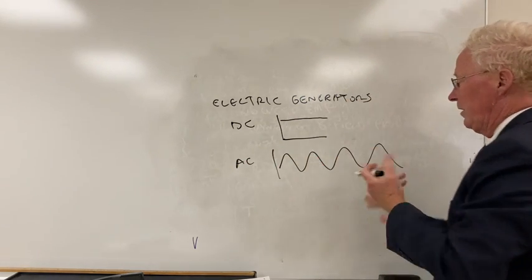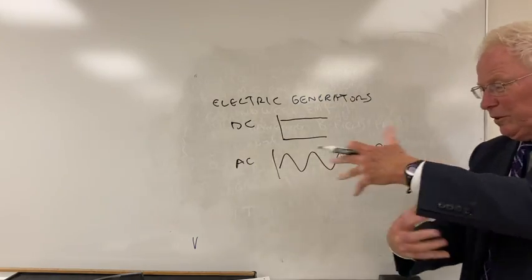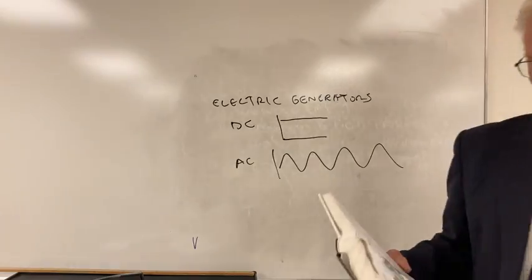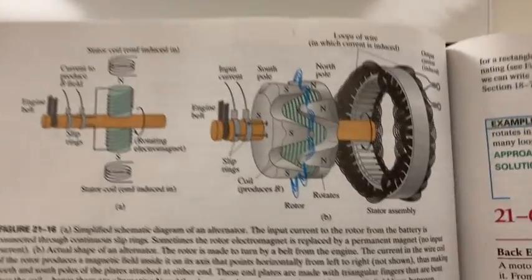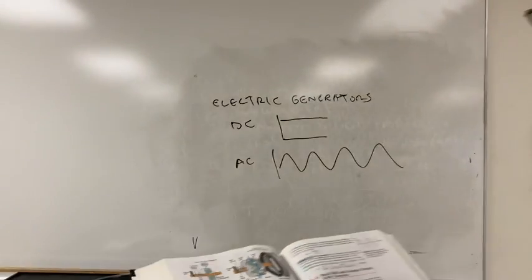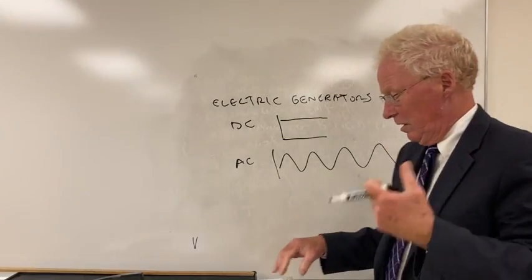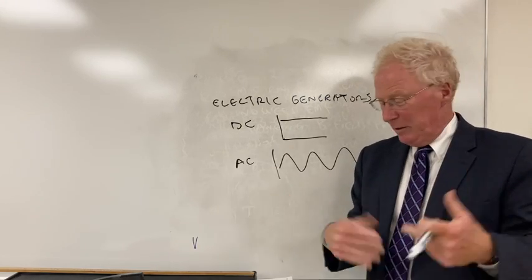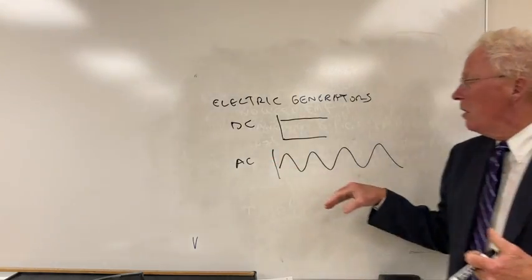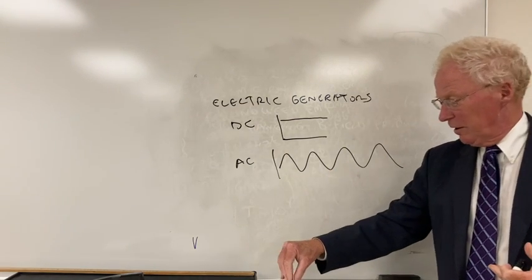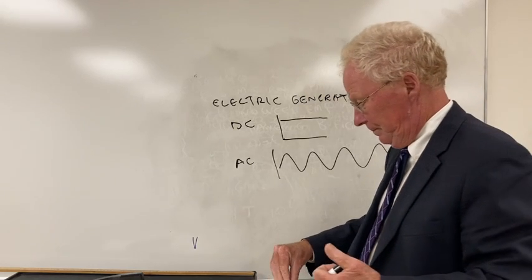You turn the magnet inside the coils, and the rotating coil produces an alternating current, which then can be transmitted. So all the electrical generation we use is by AC current.